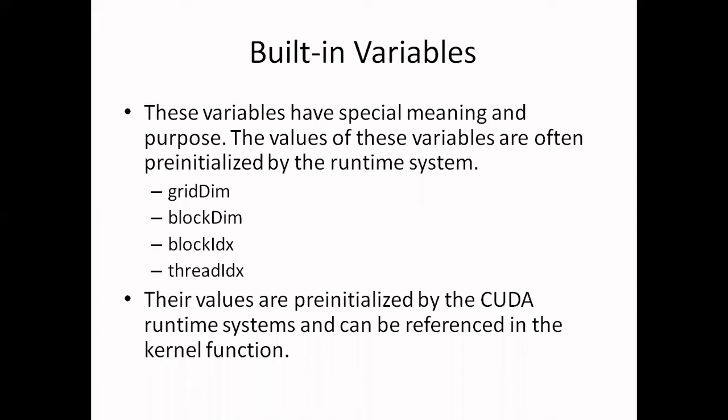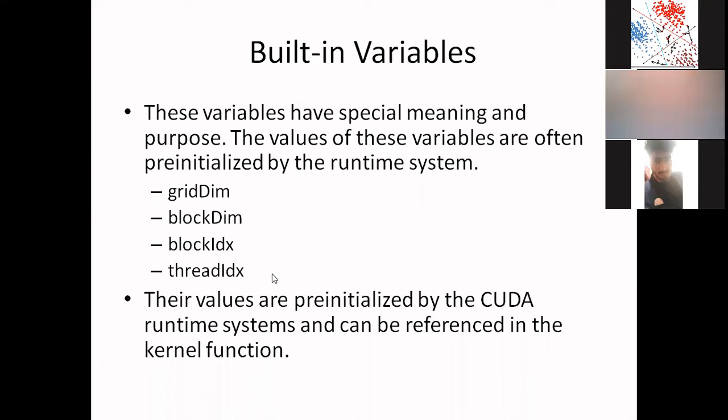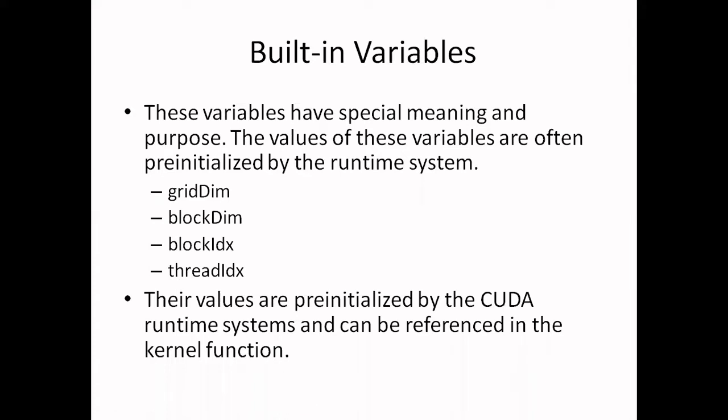They are something like gridDim, blockIdx, and threadIdx. All these variables have their own meaning, and their values are pre-initialized by the CUDA runtime system. They can be referenced in the kernel function, meaning in the kernel function you can use these variables.